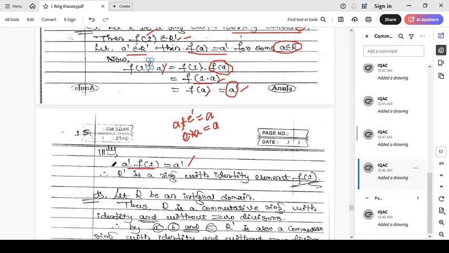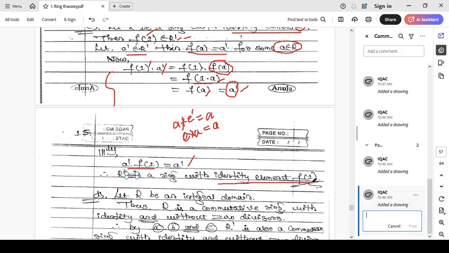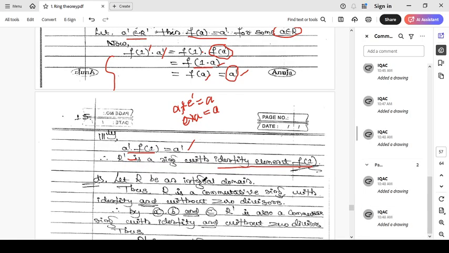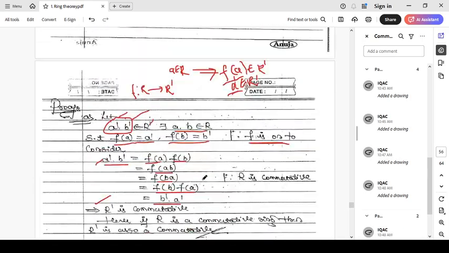So by observing these two conditions, we can say that R dash is a ring with identity element f of 1. Okay. So next we need to show the fourth condition.